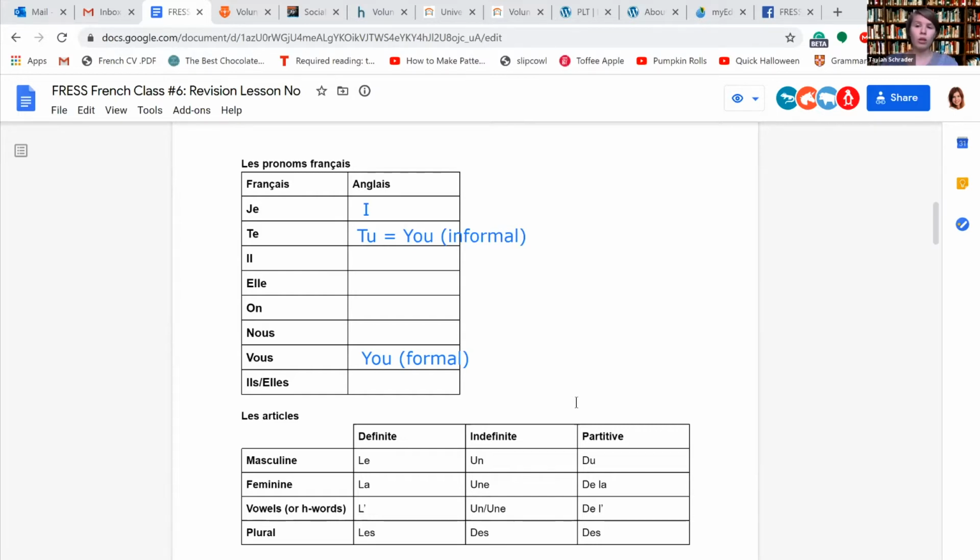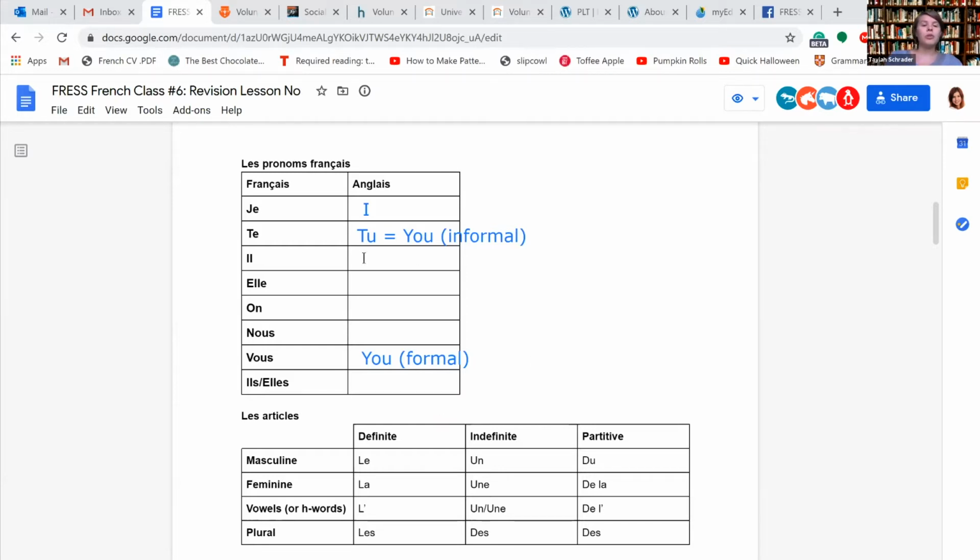It's the polite version to say you. You would use tu to maybe talk to your friends or to your family or a sibling or people that you're more familiar with. It's a much less formal version of that.